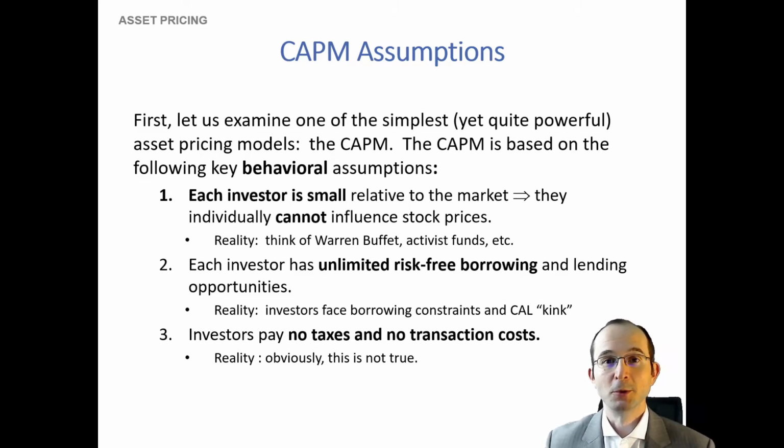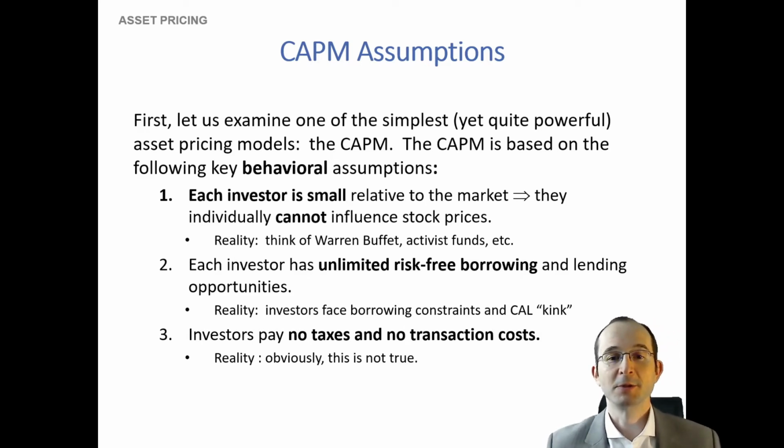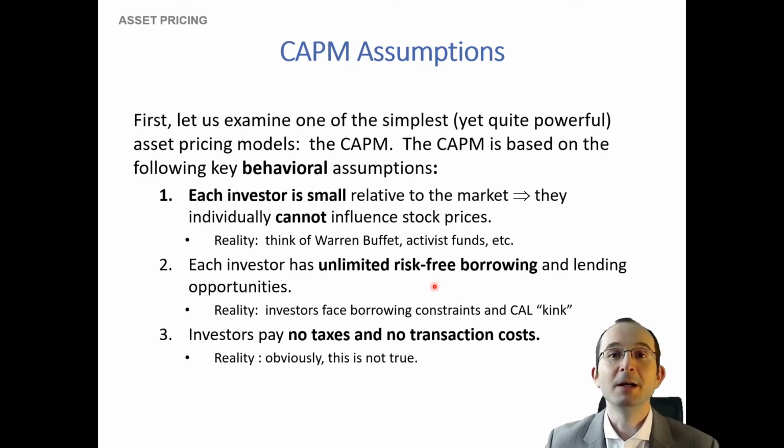Now, similar to portfolio theory, we also assume that each investor has the ability to borrow and lend at the risk-free rate. We talked about the limitations of that in our discussion of portfolio theory, and it's good to revisit them here. Remember, it's unlikely that everybody can borrow at the risk-free rate, even if they can lend to, let's say, a very safe government by buying its treasury securities.